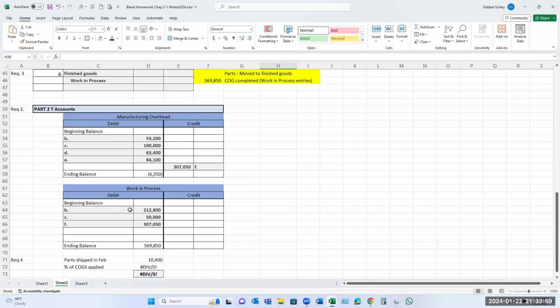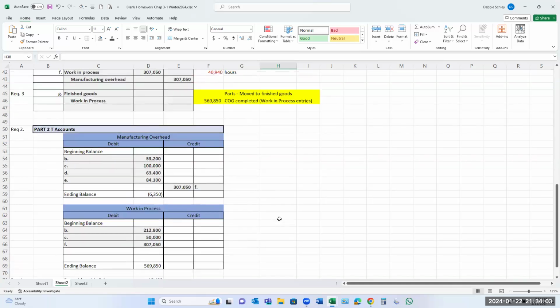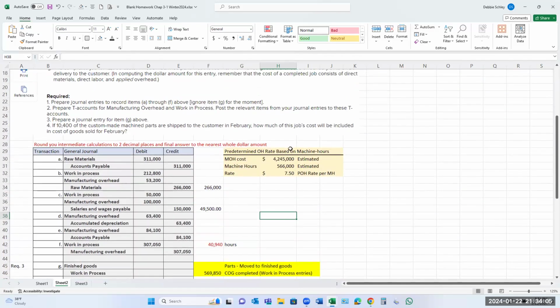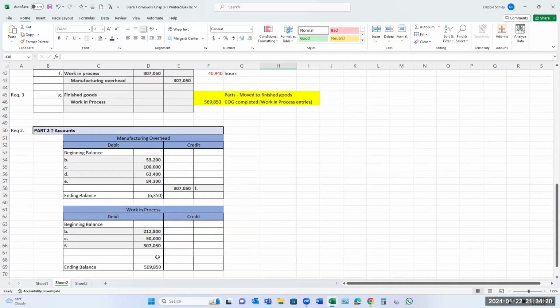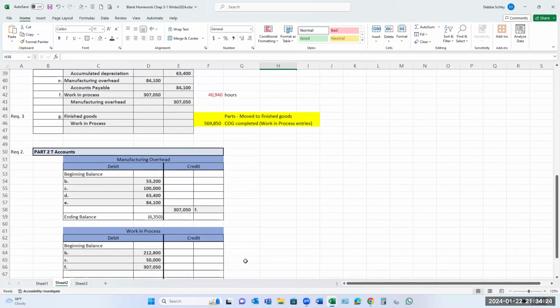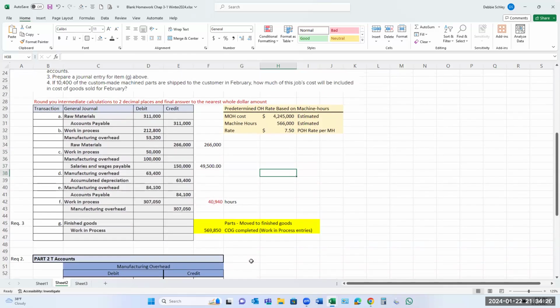The same with work in process, but just go down to F, right? Because it says in number 1, as we're preparing that, A through F, and for right now, we're ignoring G just for a moment. Okay, so I'm not going to go through each one of those. That's something you guys can figure out. I have the highest faith in you.